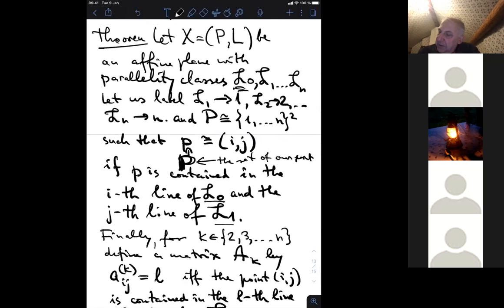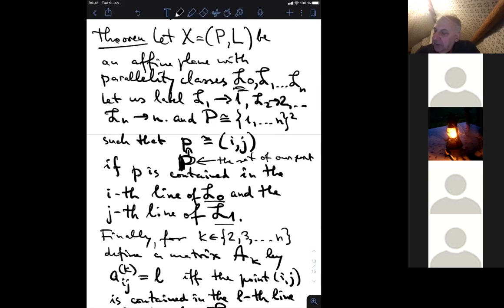So let me just say briefly again, what do we do? We'll look at parallelity classes. We'll label lines, so there are n+1 of them. We'll label lines in each of them.